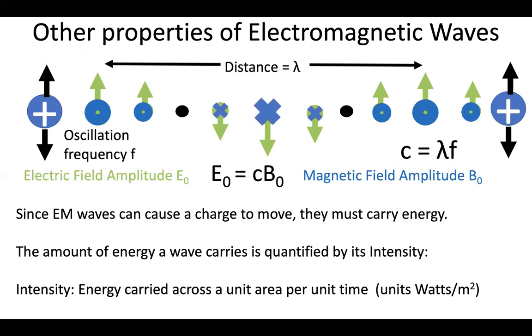The thing is, these electromagnetic waves do carry energy. And it's fairly easy to see that that must be the case. If I take a positive charge here and shake it back and forth, it produces an electromagnetic wave, an oscillation in the electric and magnetic fields that'll cause another charge some distance away to shake back and forth, or up and down in this case. This charge, before I started shaking the source, wasn't moving.